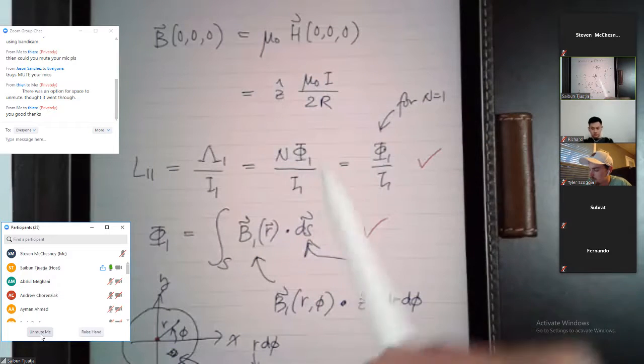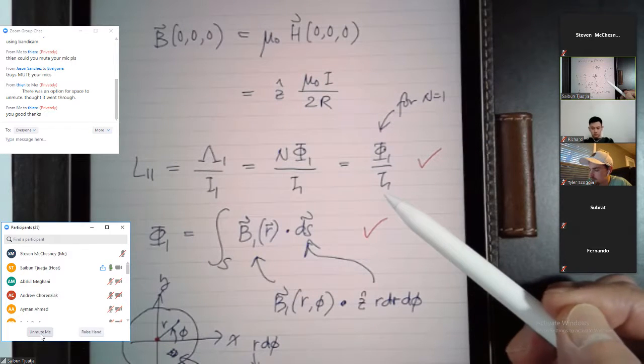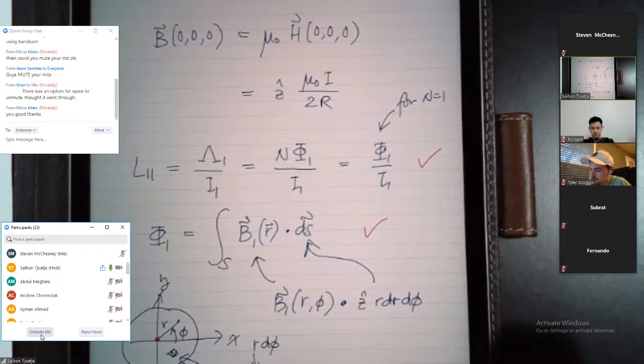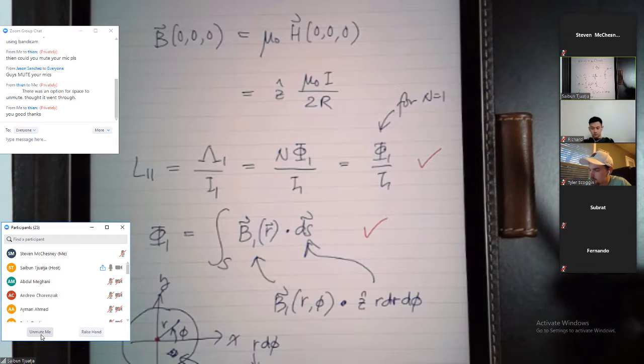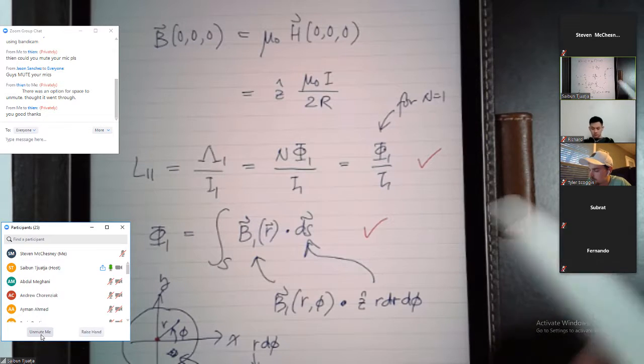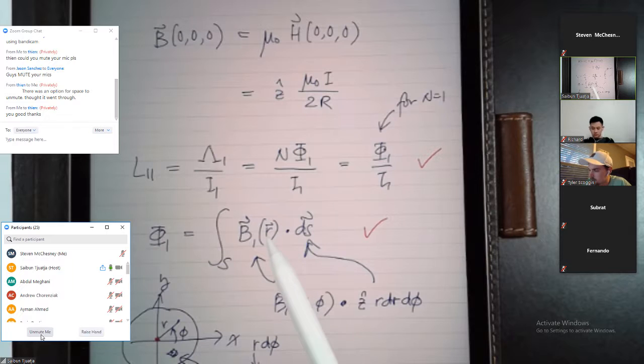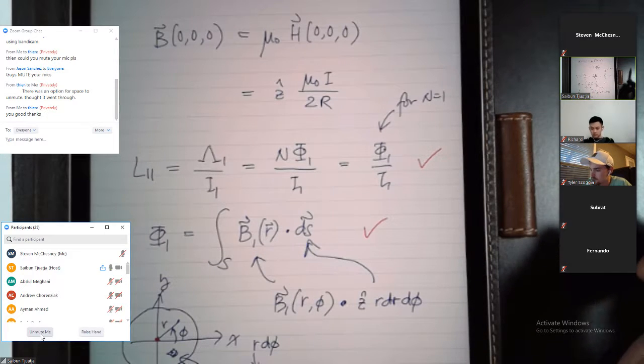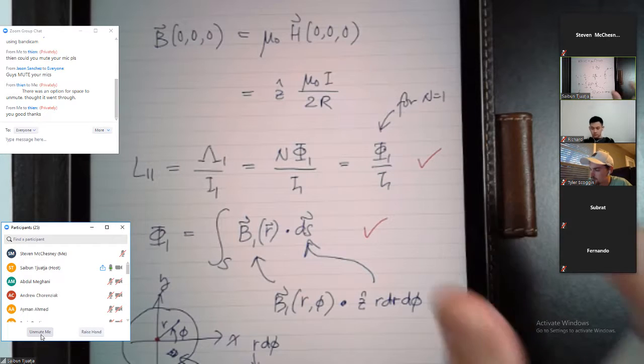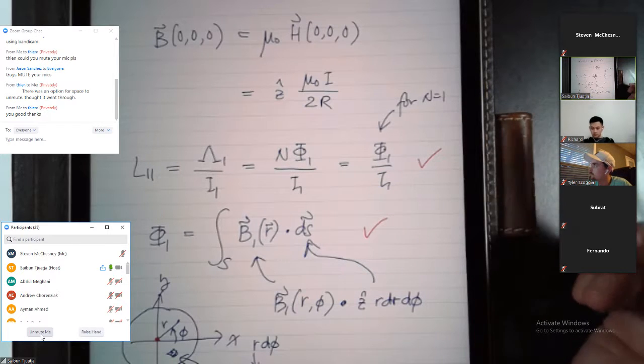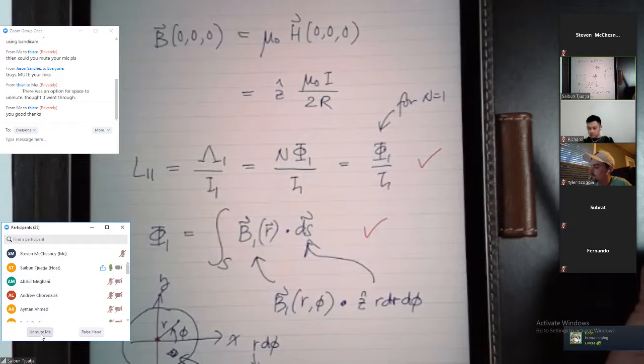Self-inductance is the flux produced by the same current, divided by the current. And if you mention that you may have to make an approximation and you know how to put it in there, then you get a full score for this. I just want you to see whether you get the idea. So I thought it was a giveaway problem.